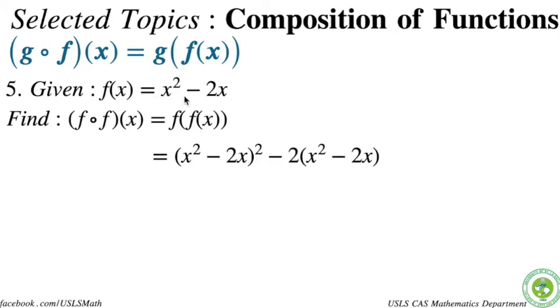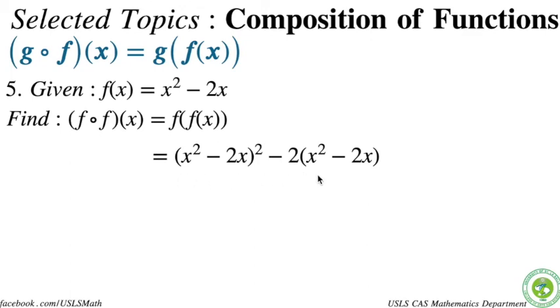What we did here is we have taken the f of x, this x squared minus 2x, into each of its x's. So the x here became x squared minus 2x, that's the f. The x here became x squared minus 2x, that's f. So we just put the function inside the function itself. So the function is composed by itself, something like that. Okay, you can think of it as like that.